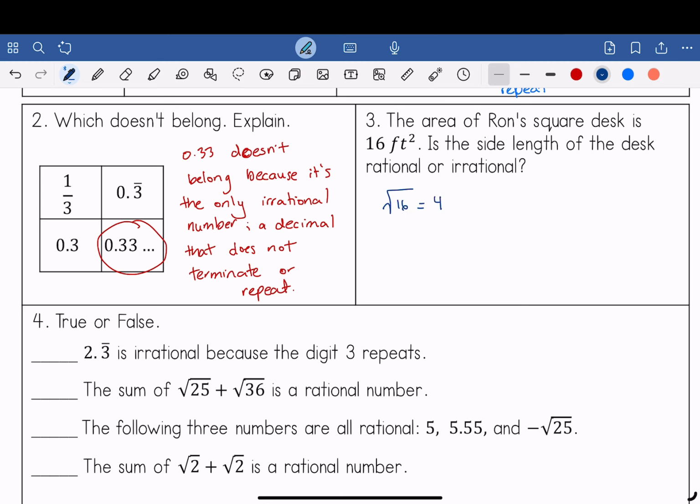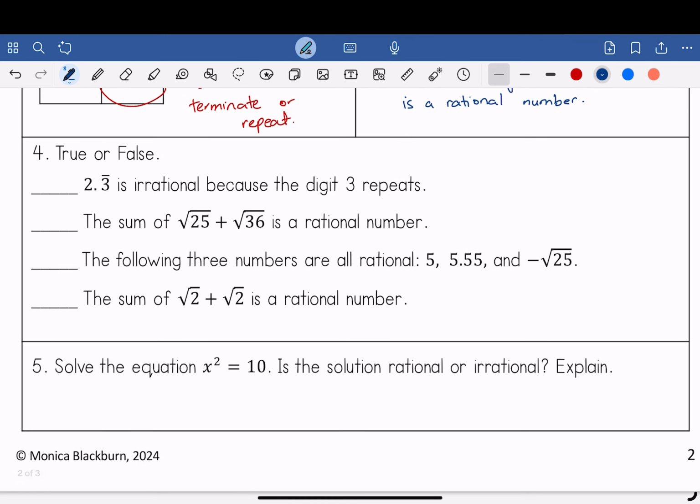And 4 is a rational number because it can be represented as a fraction. So the side length is 4 feet, which is a rational number.